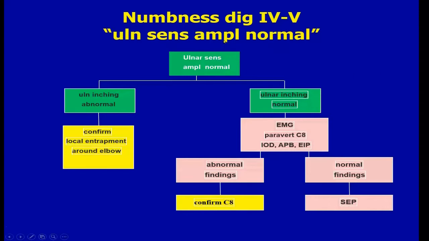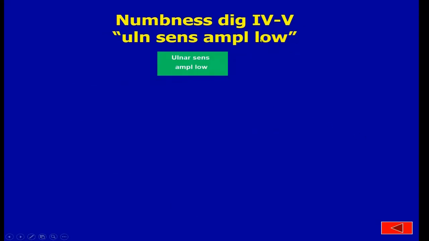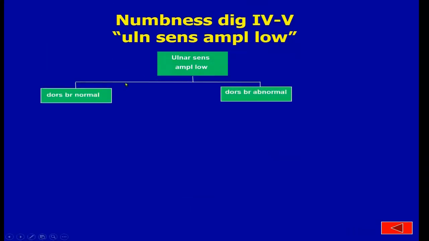If we go to low sensory amplitudes, then we know that we have some degeneration distally, and there it is important to check the dorsal branch of the ulnar nerve. If it is proximal to the wrist, then the dorsal branch should also be low.